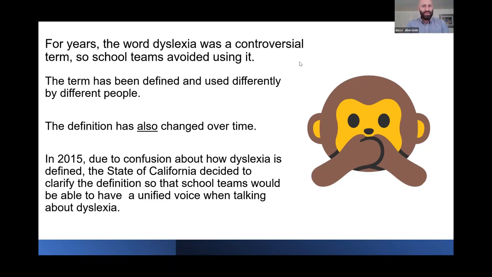So in 2015, due to the confusion about what dyslexia was and wasn't, the state of California decided to clarify the definition so school teams across the state would have a unified voice for how to talk about dyslexia.